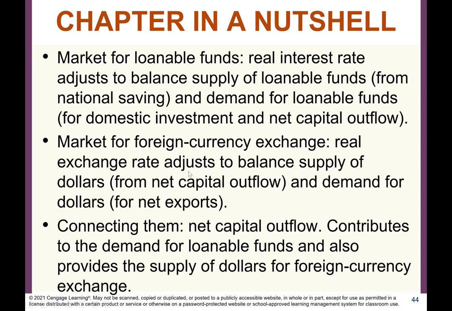Real exchange rate adjusts to balance supply of dollars from net capital outflow and demand for dollars, that is net exports. Connecting them, net capital outflow contributes to the demand for loanable funds and also provides the supply of dollars for foreign currency exchange.